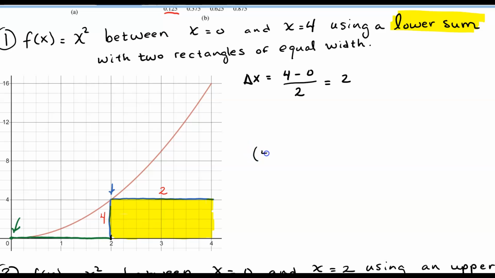And of course, we would have added the 0 at the very beginning because the height there is 0. So we end up with 8 units squared. And that is the approximation for the area under the curve, given the conditions we were initially given.